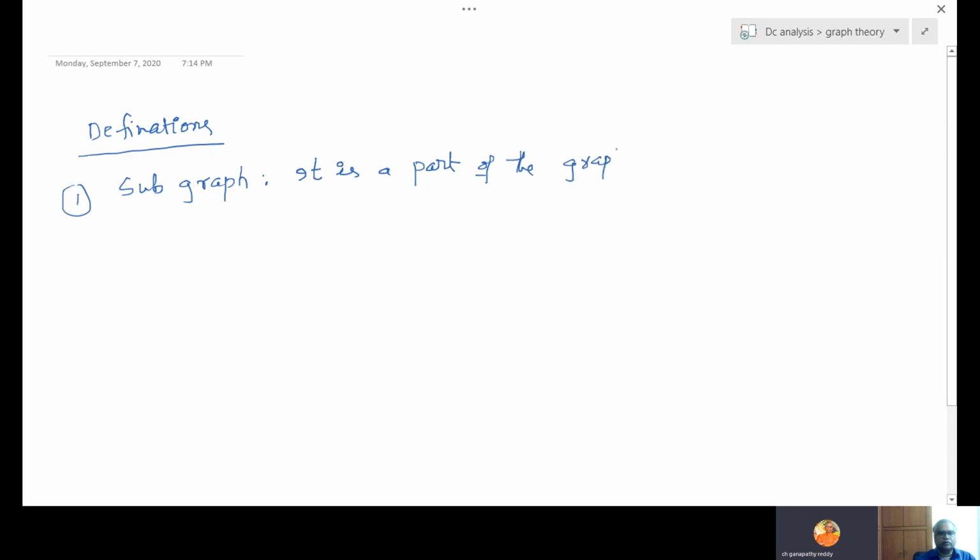A part of the graph is a subgraph. A subgraph is like a set and subset.